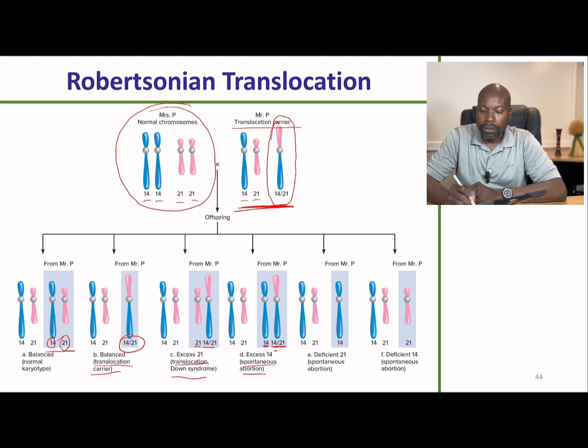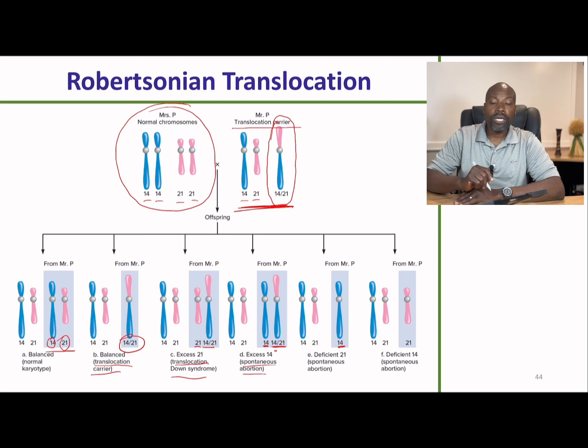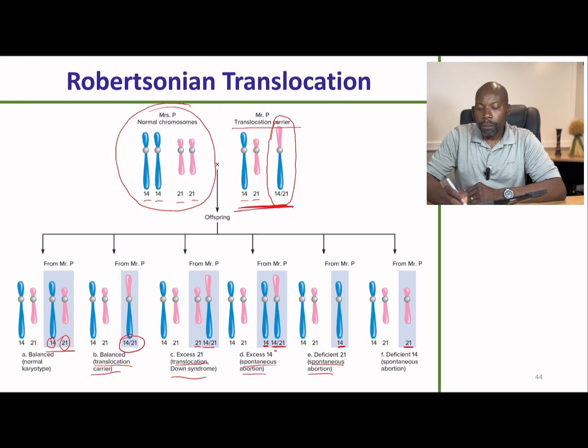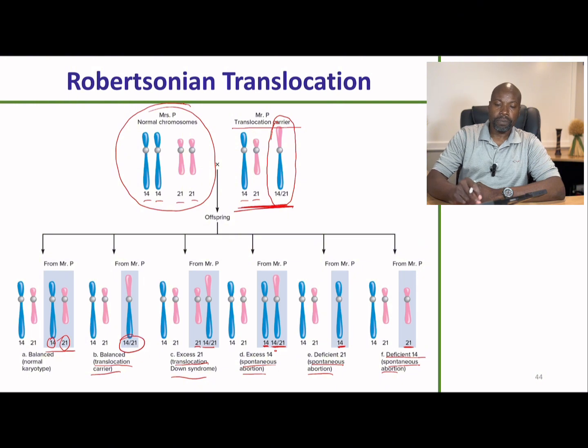Then we have a sperm cell with chromosome 14, that also leads to spontaneous miscarriage because of the lack of chromosome 21. And here we are going to have a sperm with chromosome 21, and this sperm is missing chromosome 14. That is a problem. We notice that it leads to a spontaneous miscarriage.